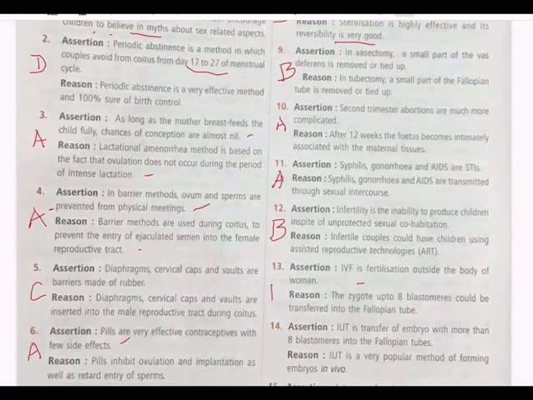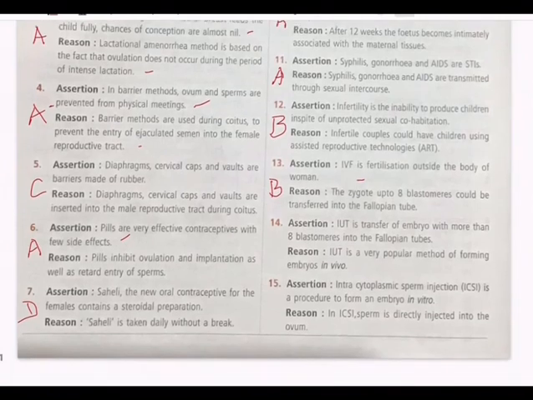So here again, assertion correct, reason correct, but reason is not the correct explanation of assertion, so it has to be B. In IVF, ova from the wife or donor female and sperms from the husband or donor male are induced to form zygote in the laboratory. The zygote is allowed to divide, forming 8 blastomeres. The zygote or early embryo is transferred into the fallopian tube, that is ZIFT, zygote intrafallopian transfer. Hence, answer should be B.